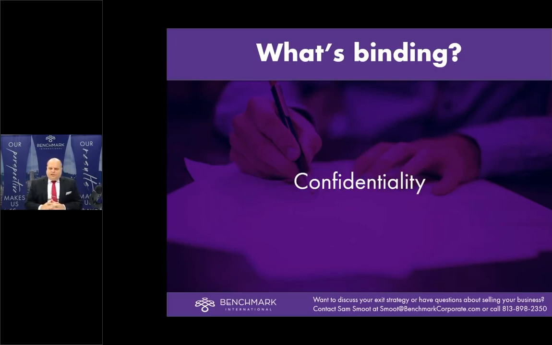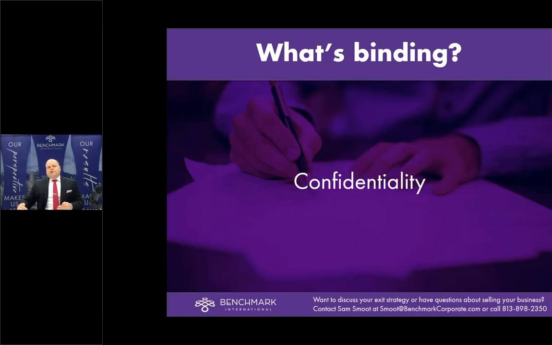Confidentiality, also a binding clause. So again, they don't want you telling other people what type of offers they're making. This confidentiality should be mutual. Of course, the buyer will have already signed a confidentiality agreement in order to see your information memorandum, but those confidentiality agreements are a bit weaker than what you would ask for here.